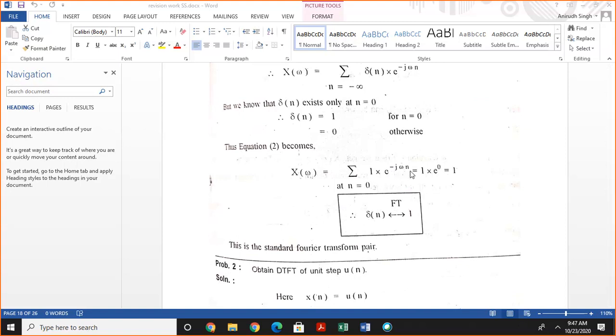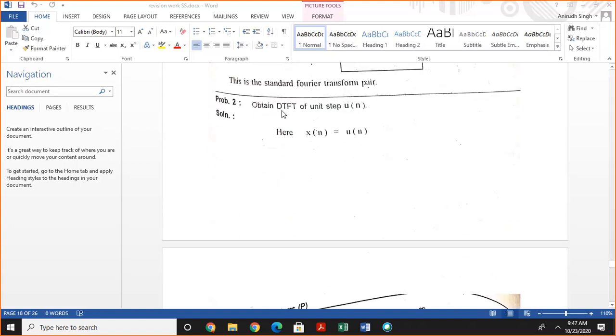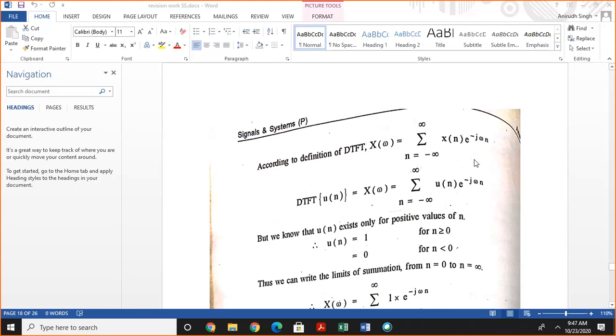Then obtain the DTFT of the unit impulse function delta of n. If x of n is delta of n, then the DTFT is given according to the definition of this. Since the delta function exists only when n is equal to 0, we put n equal to 0, and the value of this is 1.